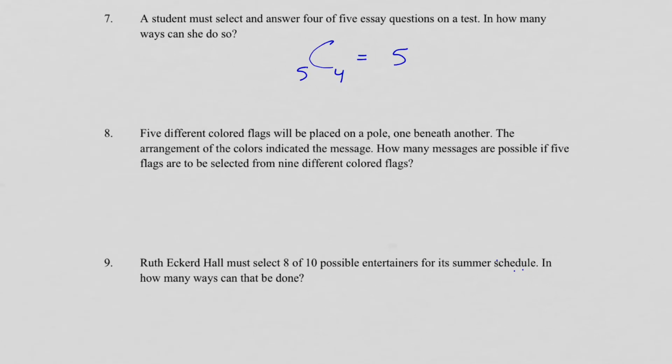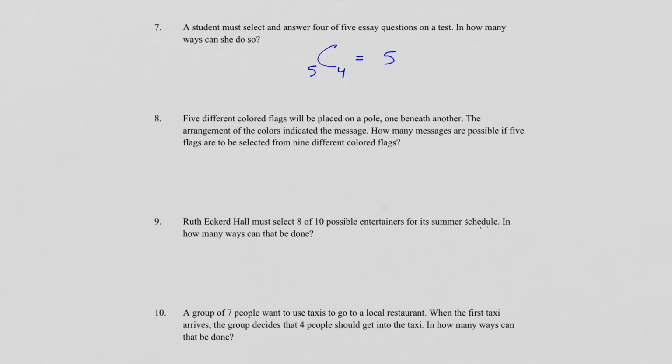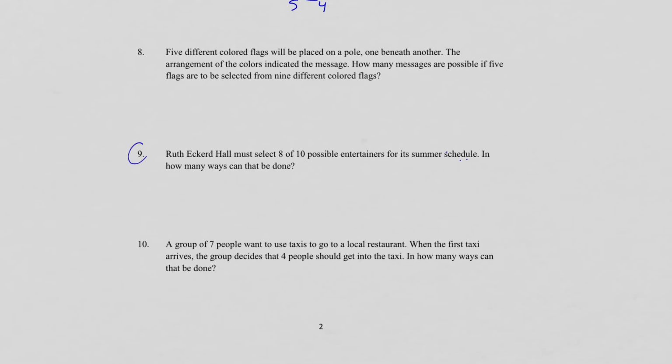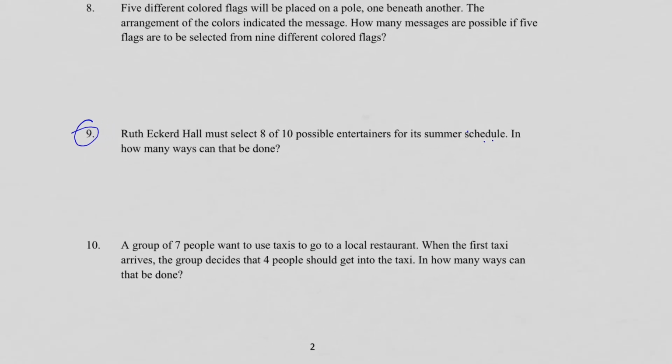So basically it goes from 2 combinations to 1, and that's about it. So number 9 is the last one. Ruth Eckerd Hall must select 8 out of 10 possible entertainers for its summer schedule. How many is going to be done? So again, I'm not really sure why the easier ones are here.